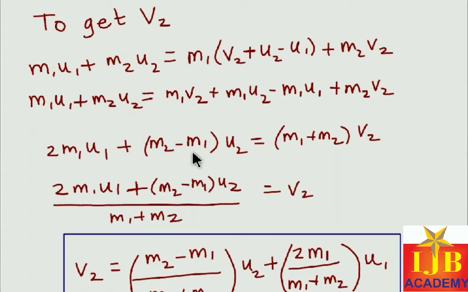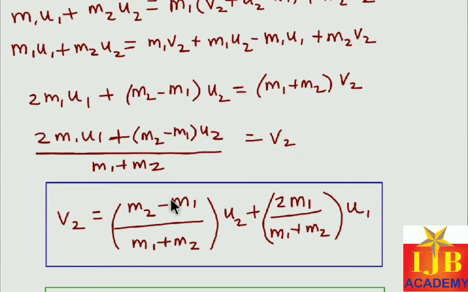So m2 minus m1 into u2. You see two v2 terms, which you can take commonly out: m1 plus m2 into v2. Taking this to the denominator, 2 m1 u1 plus m2 minus m1 into u2 by m1 plus m2. This is nothing but the final velocity of the second ball.